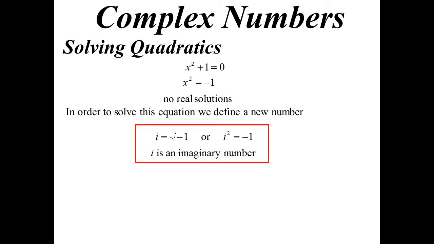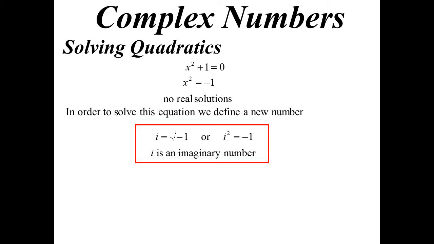Pi is a classic example, we use the Greek letter pi to represent that. e we've looked at. Well, e is not a Greek letter, but we use a letter to represent this number we don't know what it is. And it's the same here. Don't know what i is. But if we just understand it to be the answer to the square root of negative 1, whatever that happens to be, that then allows us to progress with our maths and solve more problems.